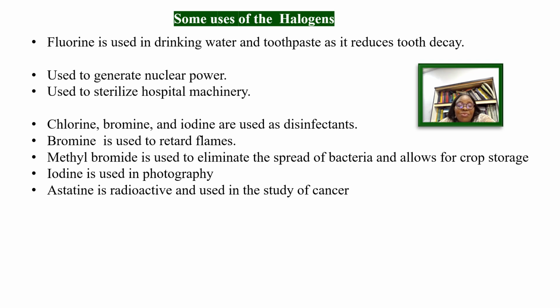Iodine has a major role in the function of the thyroid gland of our body system, and is used to clean open wounds. Iodine or iodide is used in photography. Astatine is radioactive. It has helped in the study of cancer.